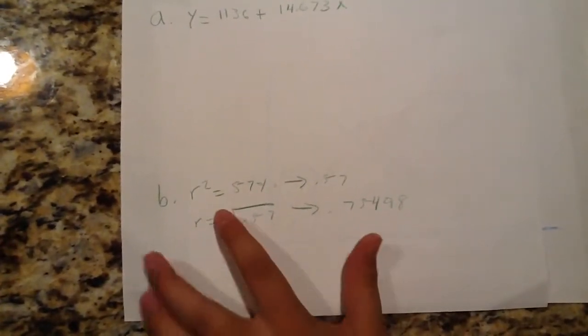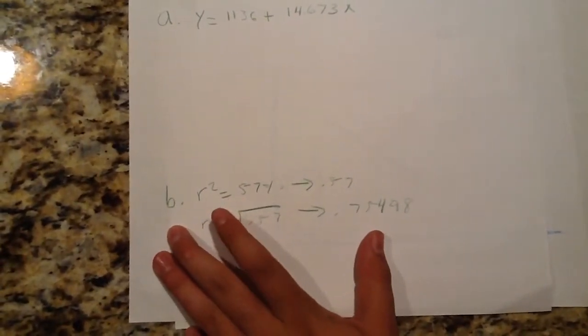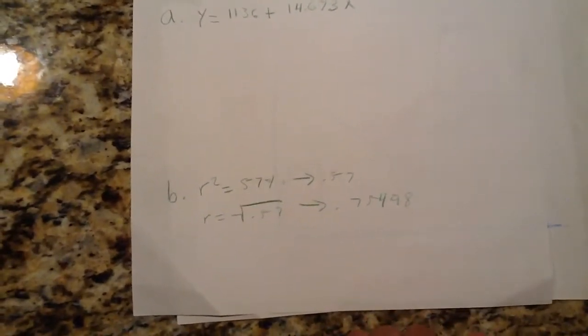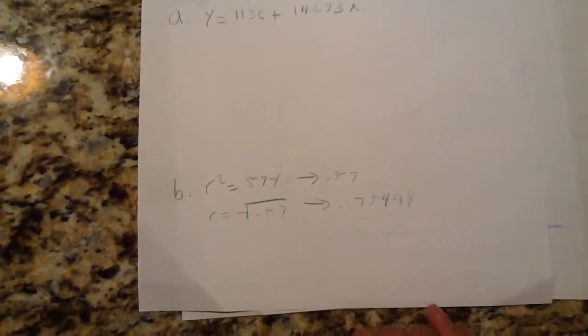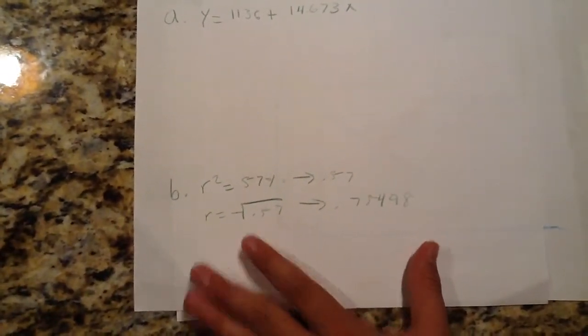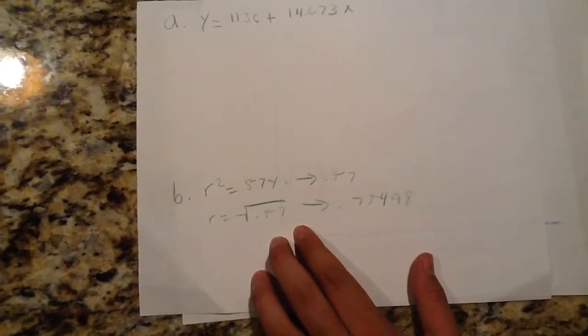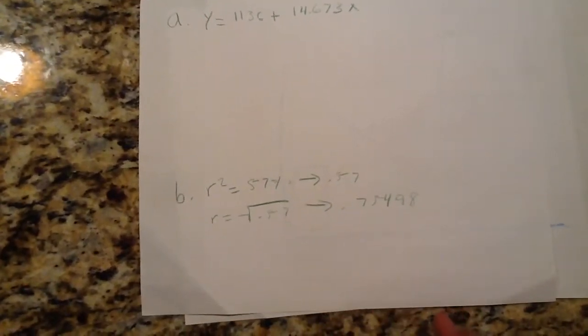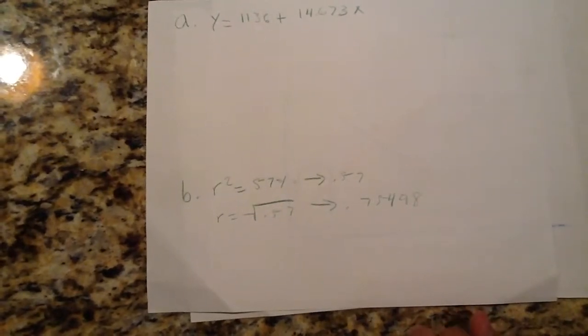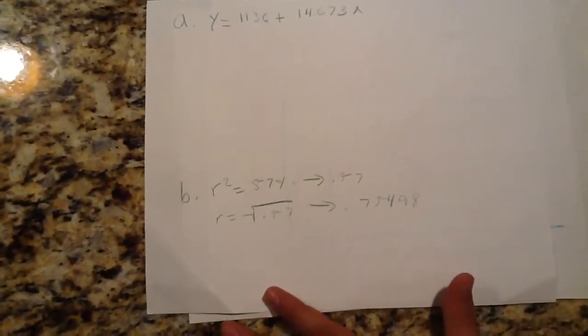For this, you calculate the R squared, and you get that it's about 0.57. To find the R value, you take the square root of 0.57, and that leaves you with 0.75498. So that would be the correlation coefficient that helps describe the relationship in the scatter plot.